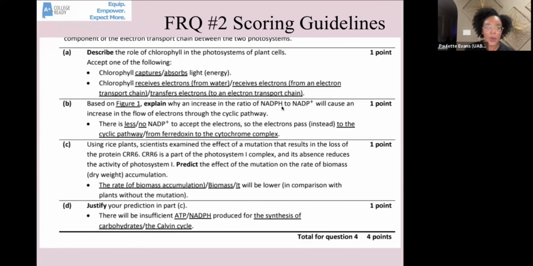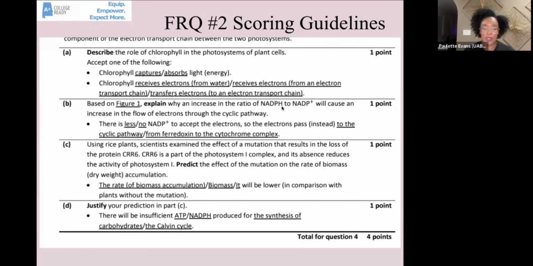All right, let's look at C. Using rice plants, scientists examine the effect of a mutation that results in the loss of the protein CRR6. CRR6 is a part of the photosystem 1 complex, and its absence reduces the activity of photosystem 1. Predict the effect of the mutation on the rate of biomass or dry weight accumulation in the plant.